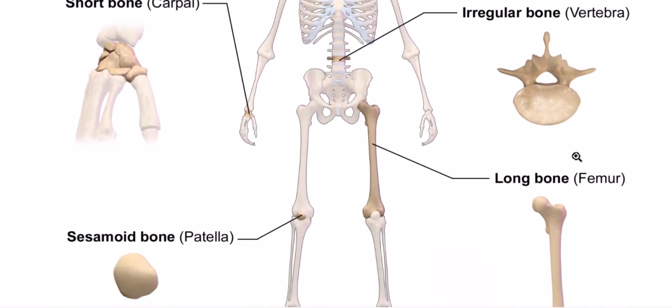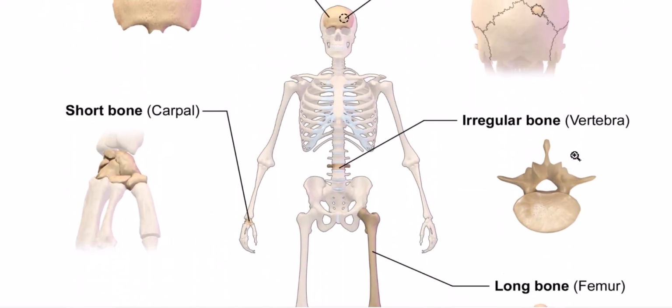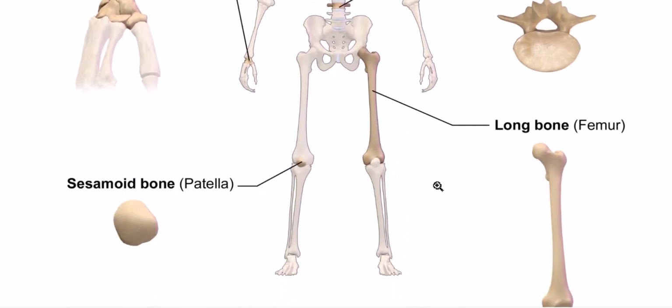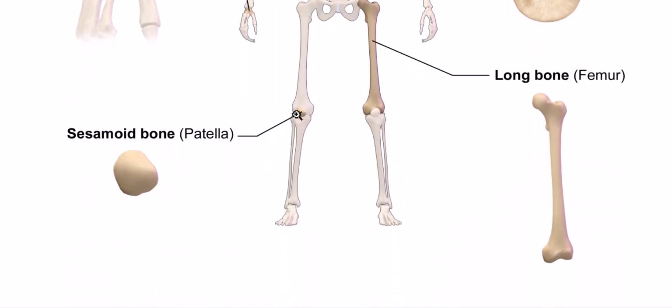And then last and final, there are irregular bones. The vertebra are a really good example of this. Also in the cranium, you have the ethmoid bone. That's another irregular bone. And then lastly, there are sesamoid bones. The patella is the most well-known example of this. A sesamoid bone is a relatively small bone.